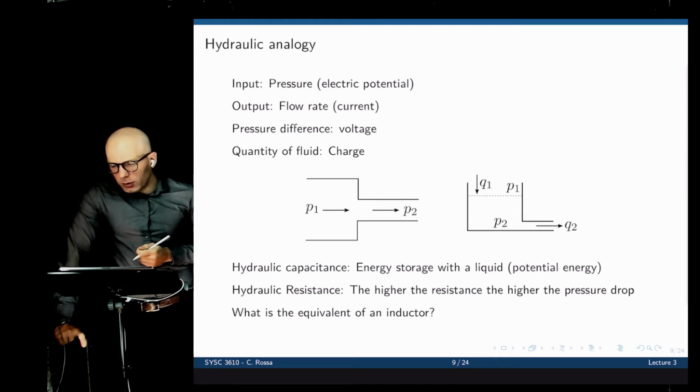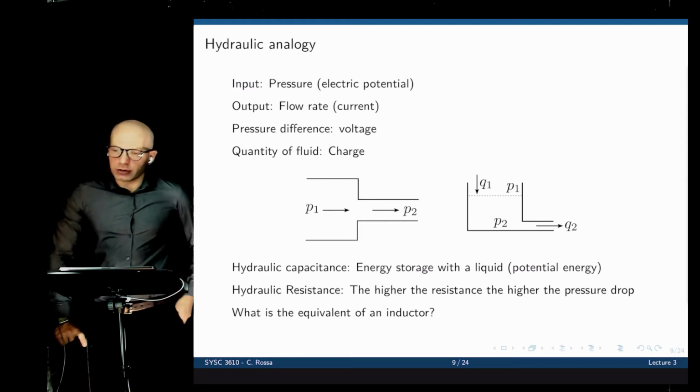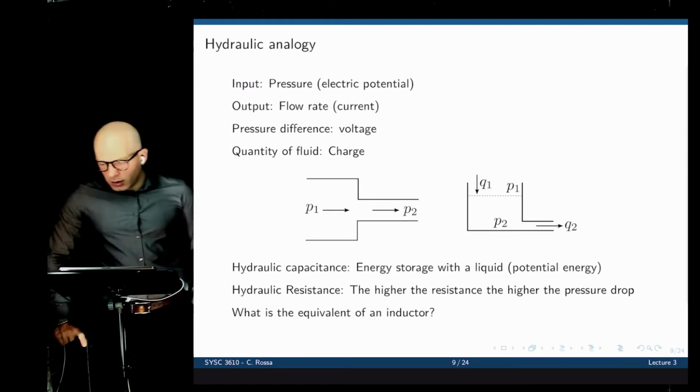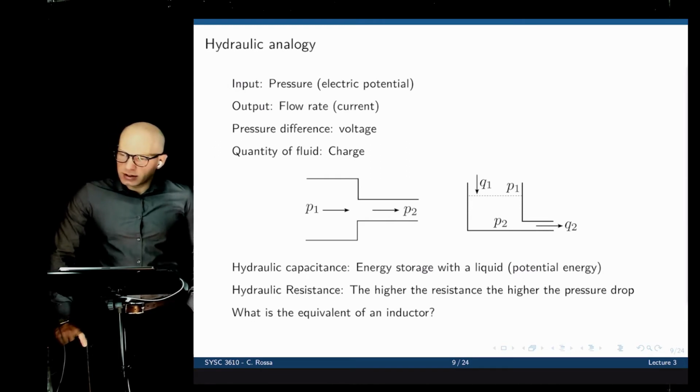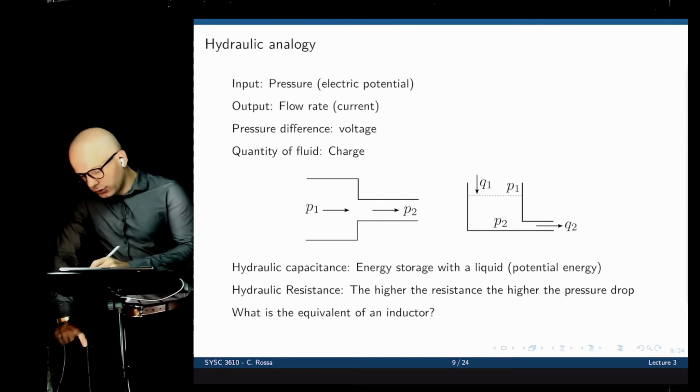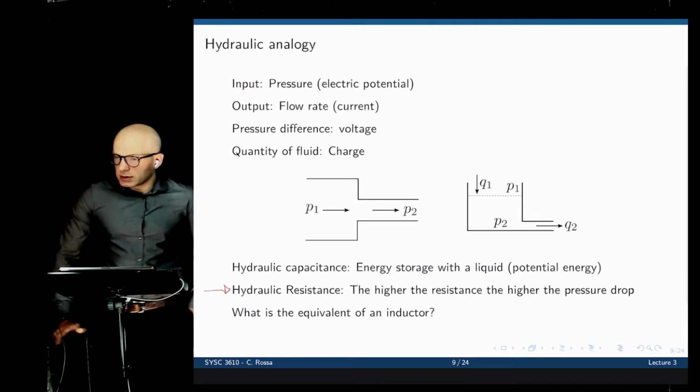The quantity of fluid is the charge, or the integral of flow rate over time is the charge. And what else do we have as equivalences here? The hydraulic resistance, this one is easy to understand. Hydraulic resistance is the equivalent of the resistance in an electrical system.